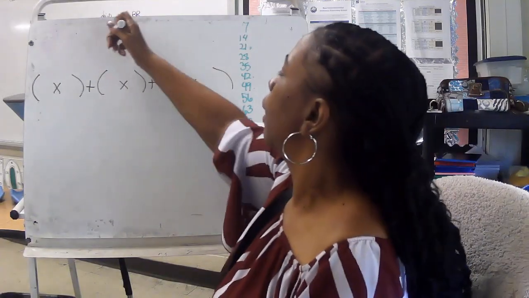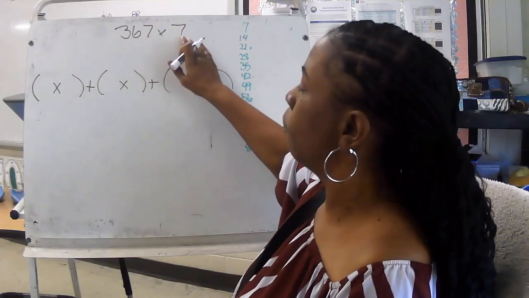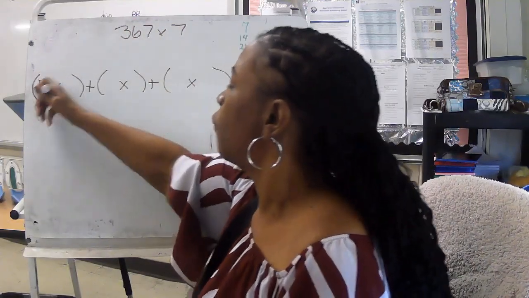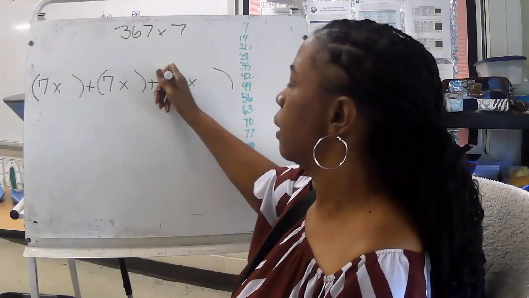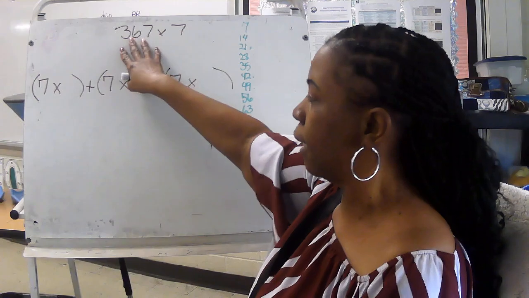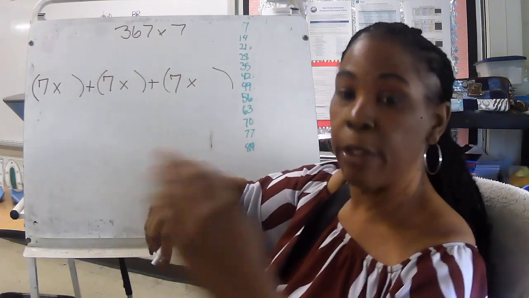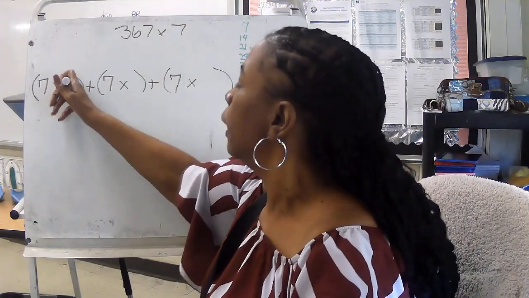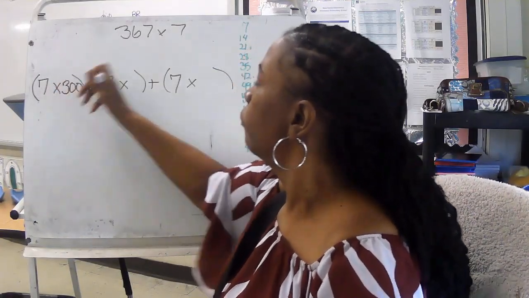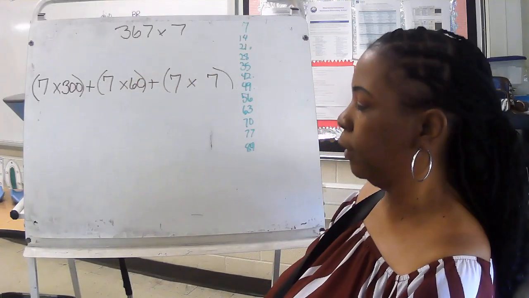That's exactly right, because there are 3 digits here. Okay, so the number we're multiplying by is going to go first in each set of parentheses. Okay, and then we're breaking down 367 into our expanded form that we did in Unit 1 or Module 1 at the beginning of the year. So we have 300, we have 6 tens, which is 60, and we have 7 ones.